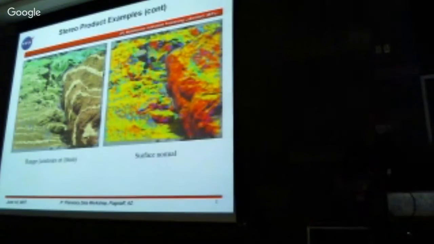From there we derive range data, which is simply distance from camera. There's also distance from the rover center. And then surface normal, which tells you the orientation of the rocks. In this case, you can see it better on the left, the large rock is red on this face and more green on the top, which is how the surface is oriented.